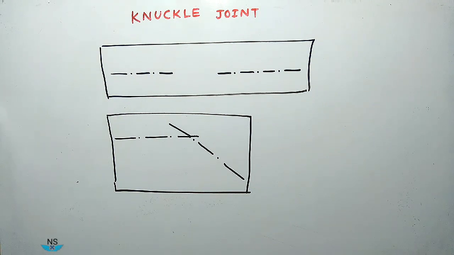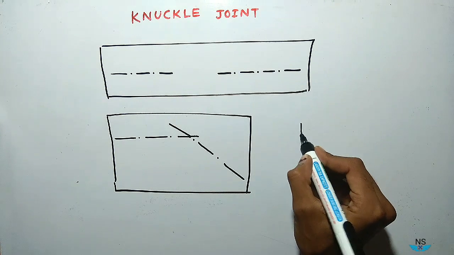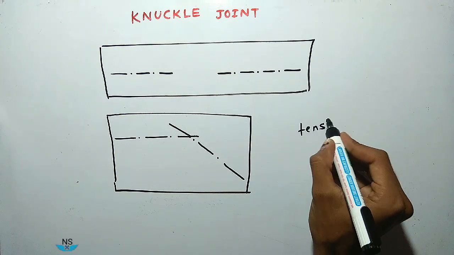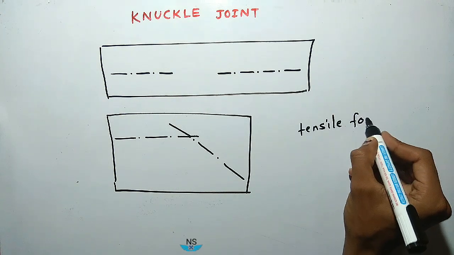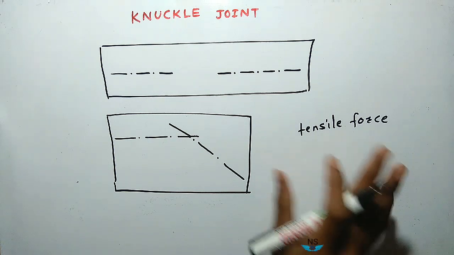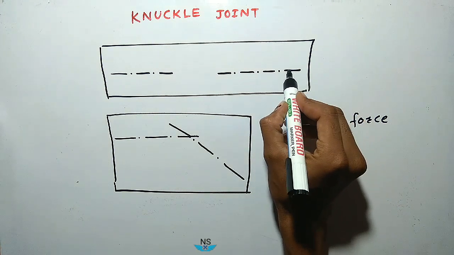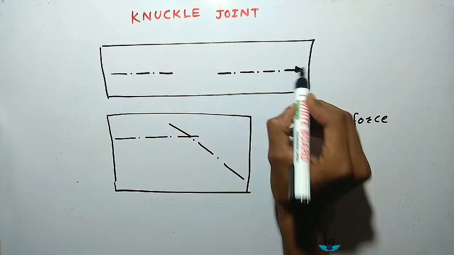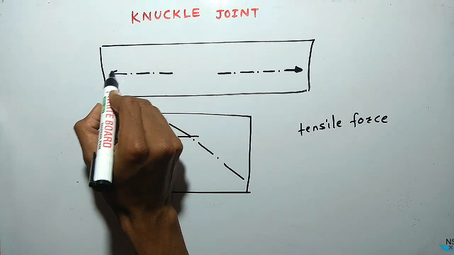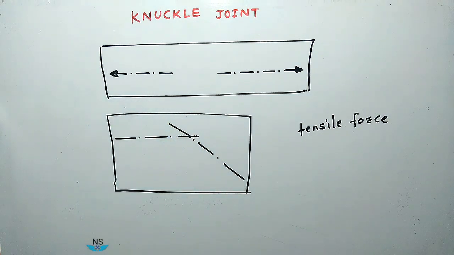Now for what purpose is knuckle joint used? To transmit tensile force only. Knuckle joint is used to transmit axial tensile force only. Means on this axis axial tensile force is there, on this axis also axial tensile force is there.